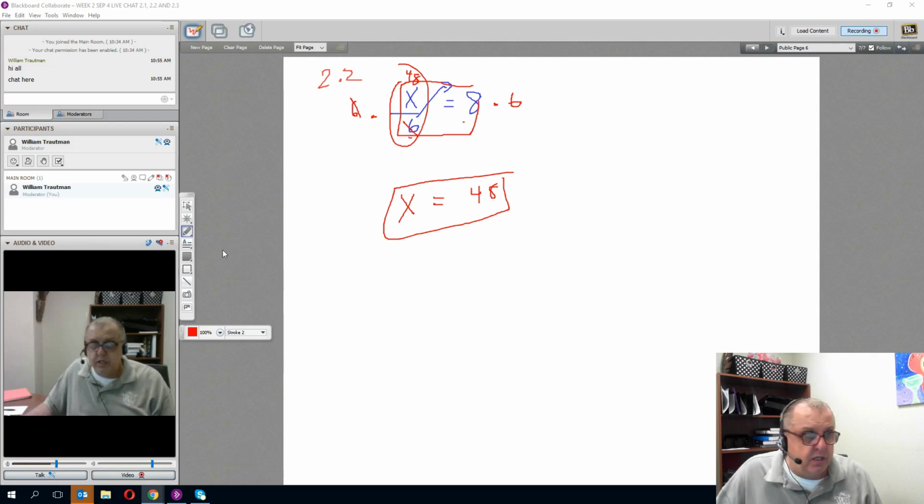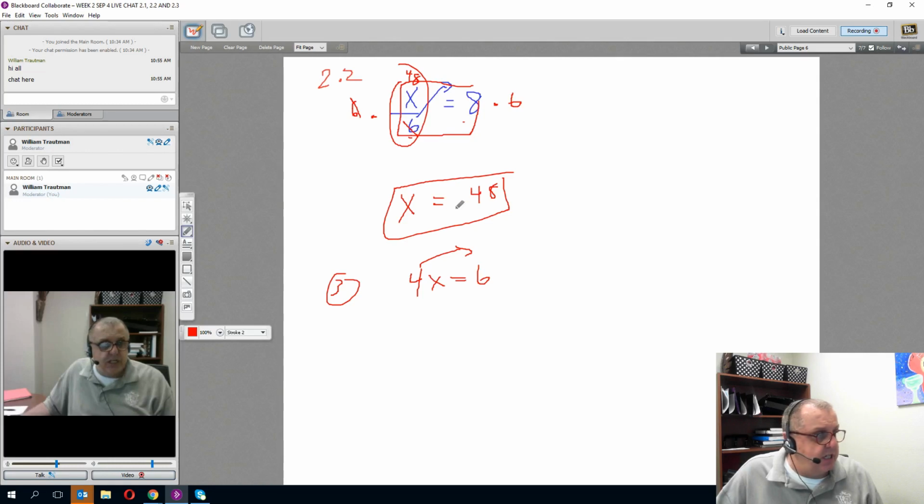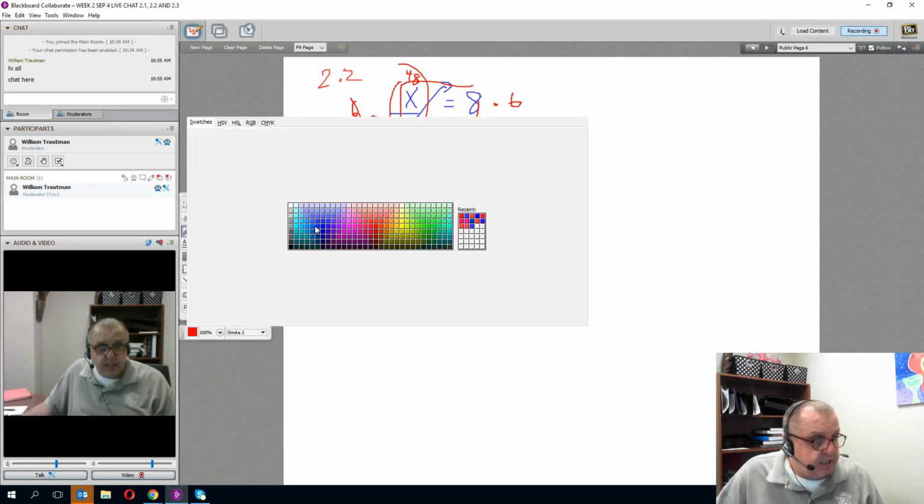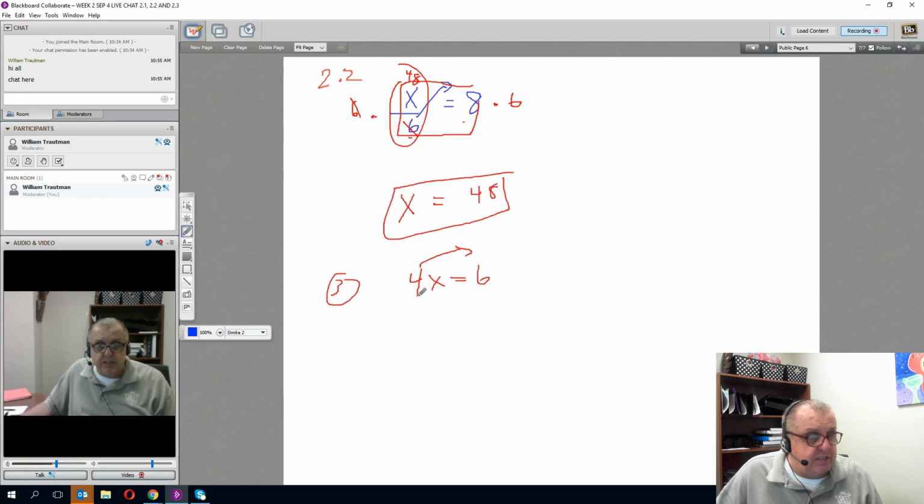Still going. Here's problem 3. Problem 3, 4x equals 16. I need to take the 4 to the other side. What's the 4 doing to the x? It's multiplying. The opposite of multiply is divide.